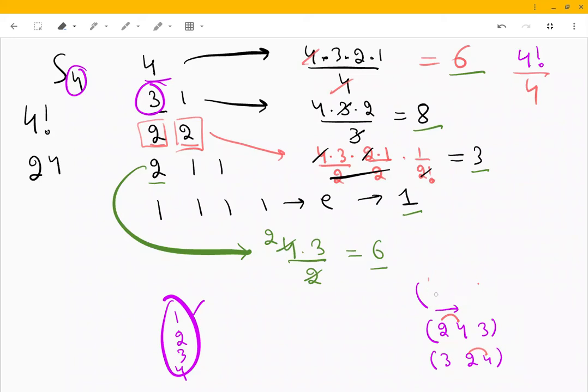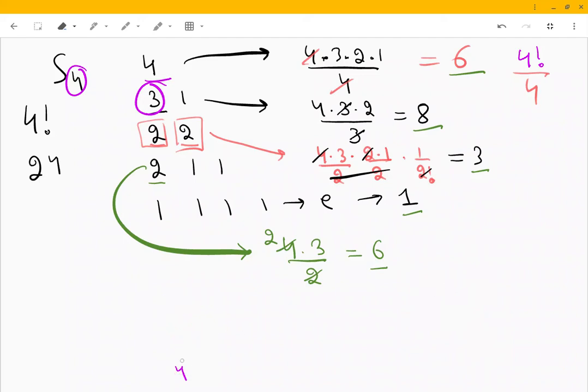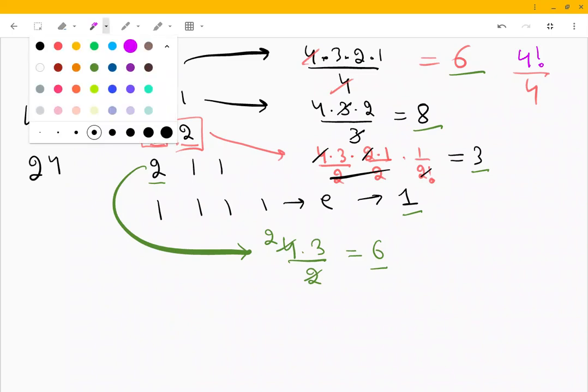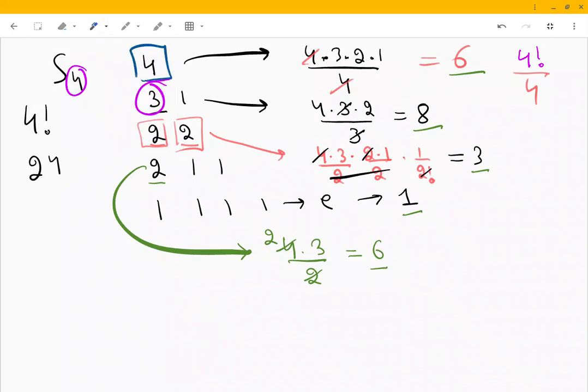And now we come back to the order of elements. So basically order of elements is just the LCM of the cycles. Like in this case, this is a 4 cycle, LCM is 4, order is 4. So we have 6 elements of order 4.